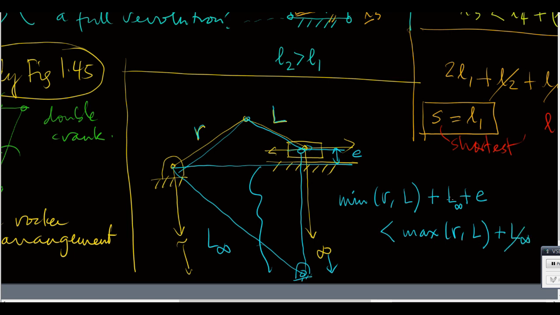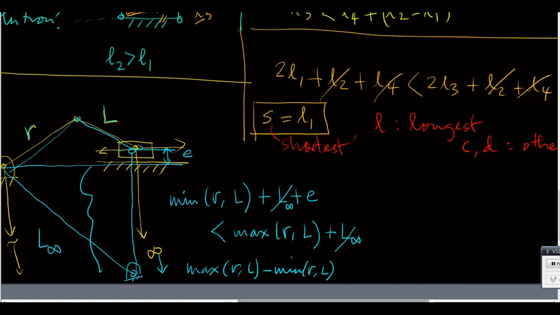And this is why the L infinity cancels, and this is our equation. So you see now, if I take the max of R, L minus the min of R, L, what do I get? This is nothing but the absolute value of R minus L, and that has to be greater than E. That's the condition for the slider crank mechanism derived from the Grashof criterion.